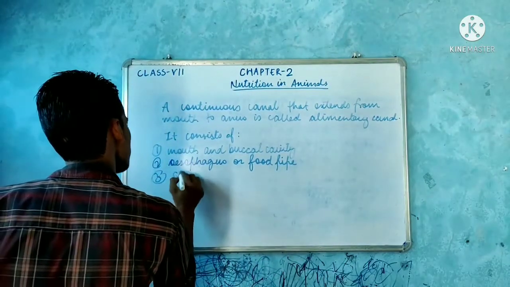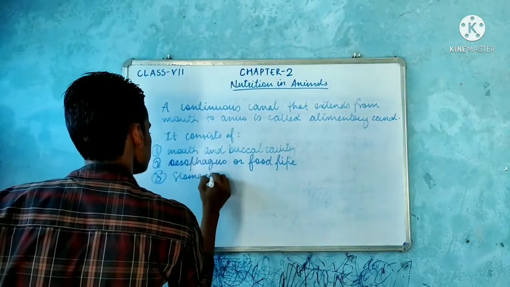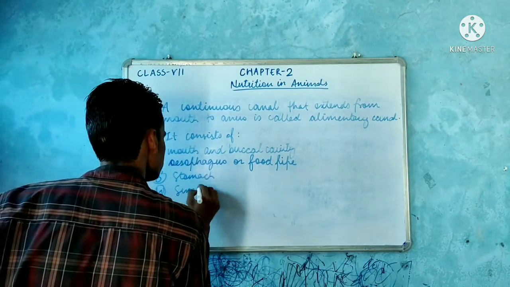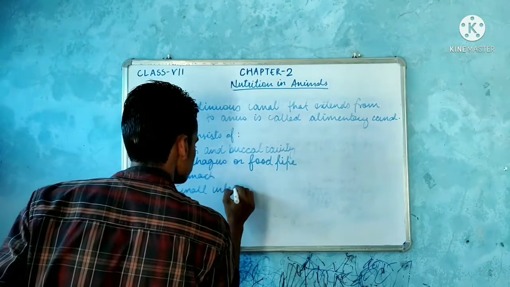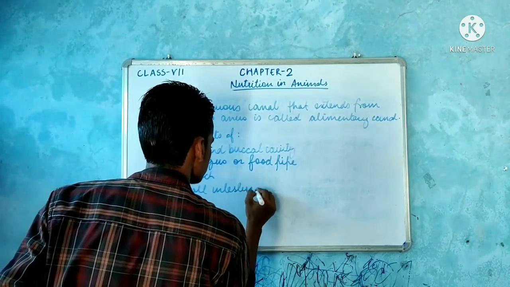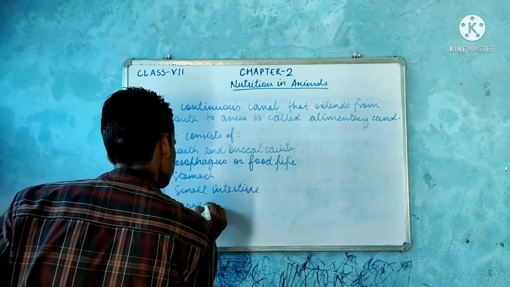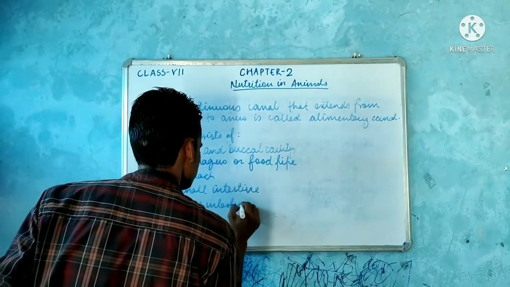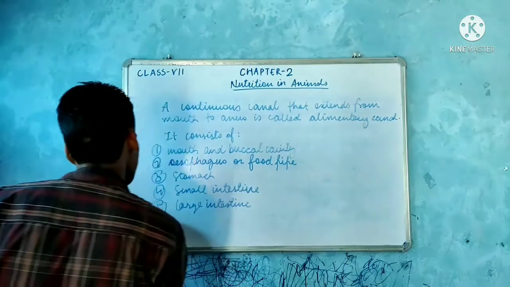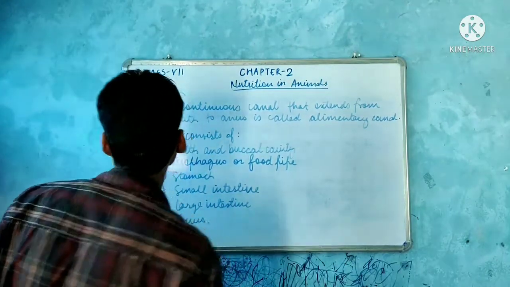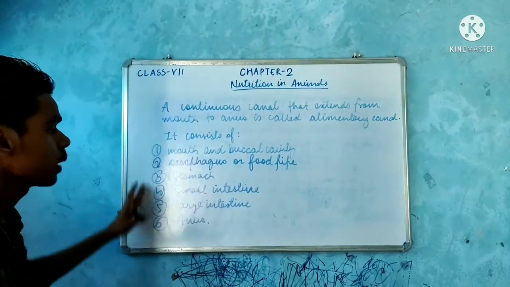Third one is the stomach. Fourth is the small intestine. Fifth, large intestine. And sixth one is the anus. So we will talk about each part in detail one by one.